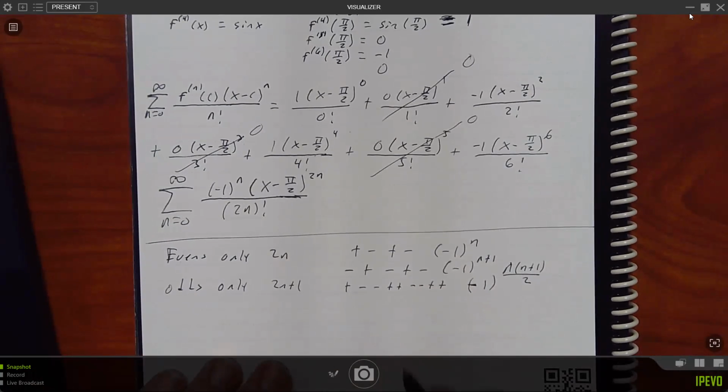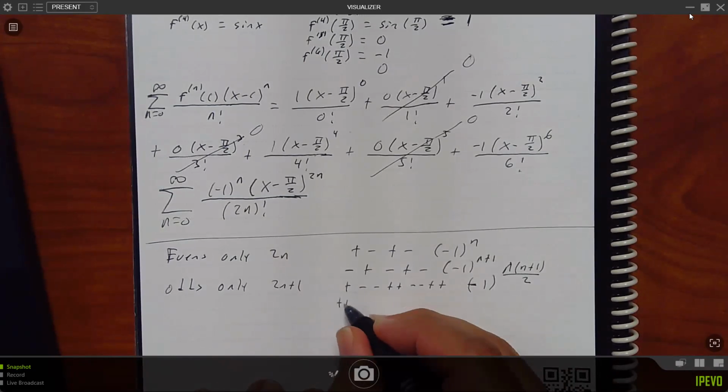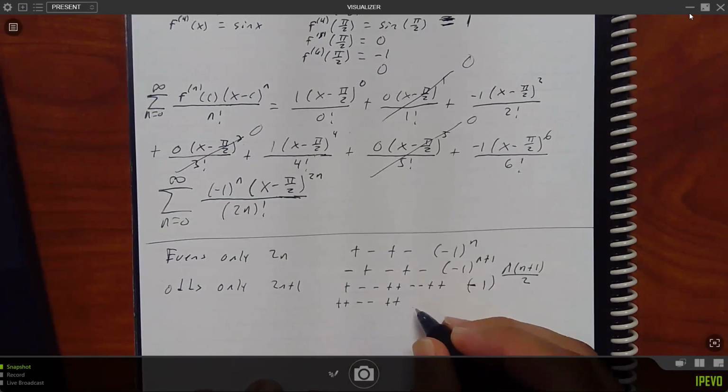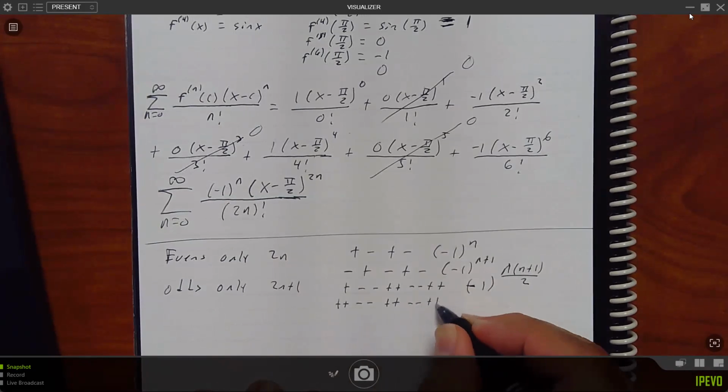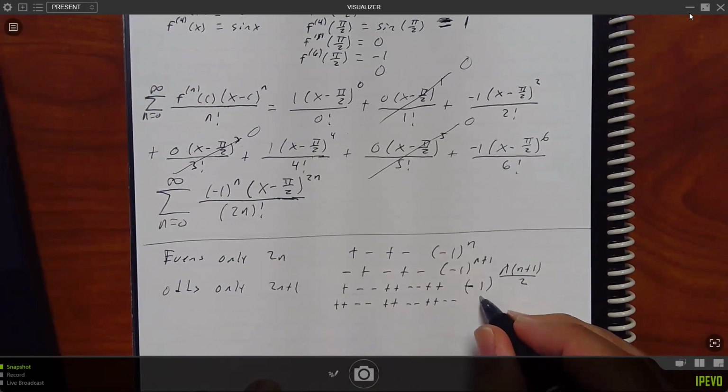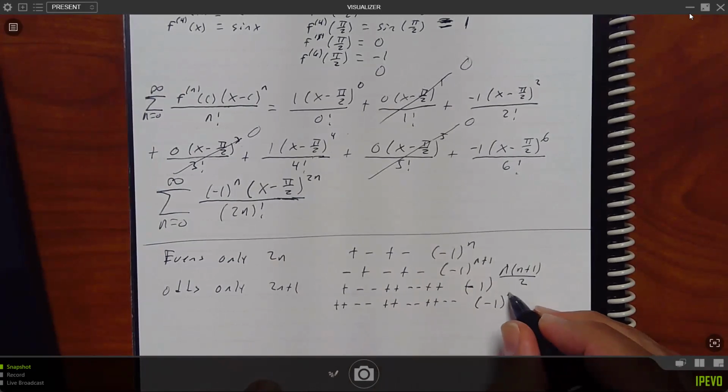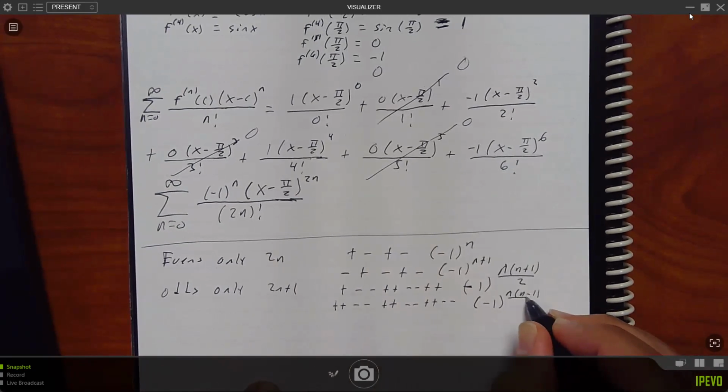And if you wanted to go the other way, let's say you wanted to start with plus plus, minus minus, plus plus, minus minus, plus plus, minus minus. You would use -1 to the n times n minus 1 over 2.